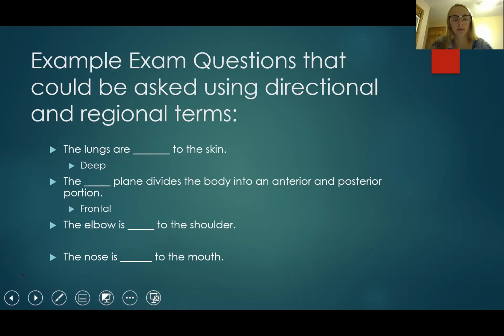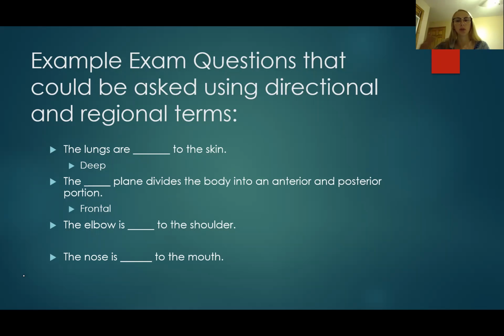Either would be correct. The elbow is blank to the shoulder. Okay, we have our elbow, we have our shoulder. What two terms can we use? Do we use superior and inferior, or do we use distal and proximal?